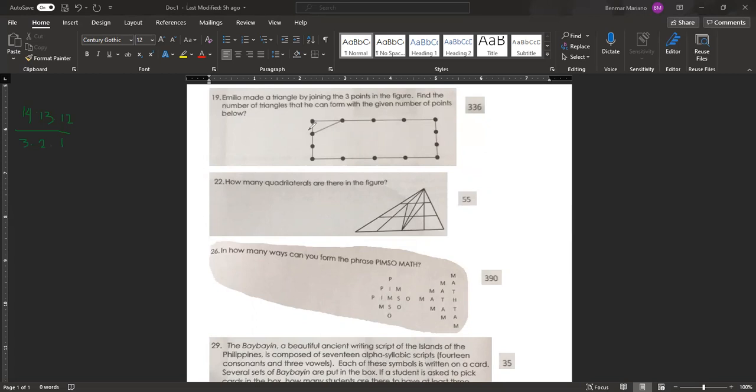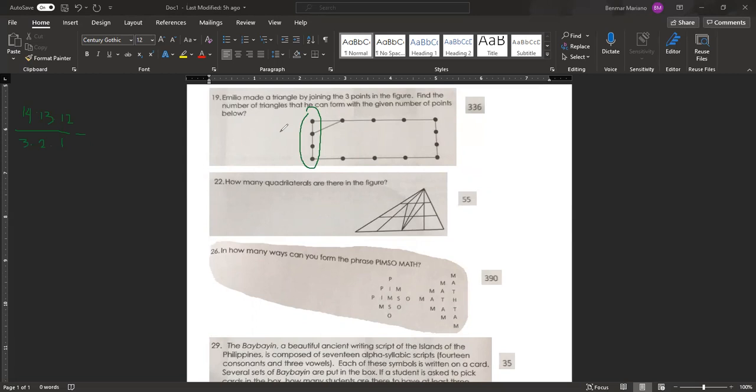What else? If we use these 3 points, we need to remove that one also because there's no triangle using those 3 points. So what we need to do now is to identify the number of lines, quote unquote, that can be formed from those. So we subtract by, count the number of points here. This is 4, so that is the combination of 4 taken 3.